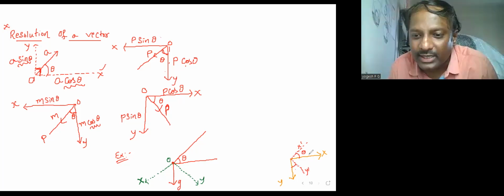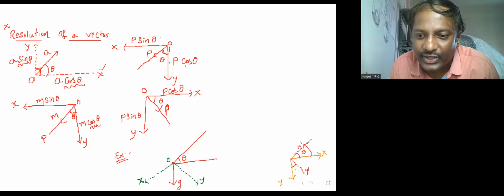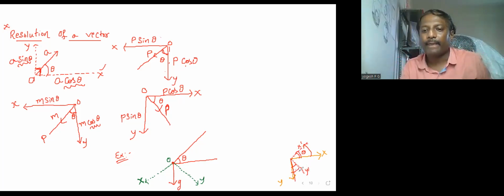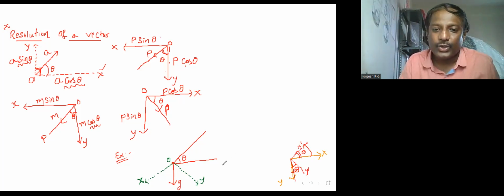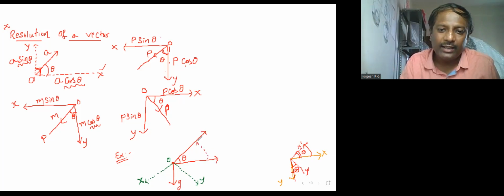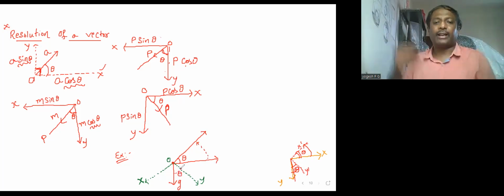If you push this line x to this x dash by an angle theta, automatically this y also will push to y dash, no? By what angle? Theta.